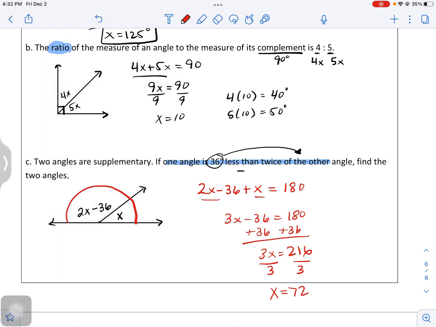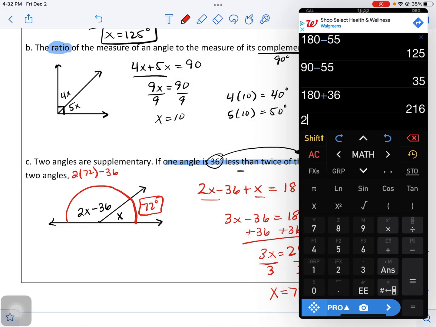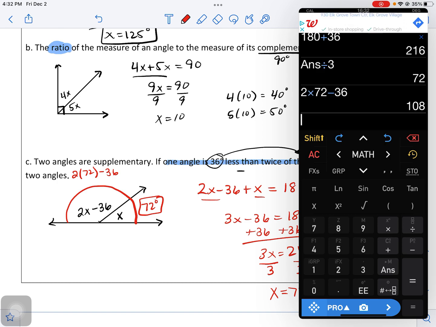It says find the two angles. One angle is 72 degrees, because that is x, and the other angle is 2 times 72 minus 36. You're just plugging in the value for x. So 2 times 72 minus 36 equals 108 degrees. That's the value of the second angle.